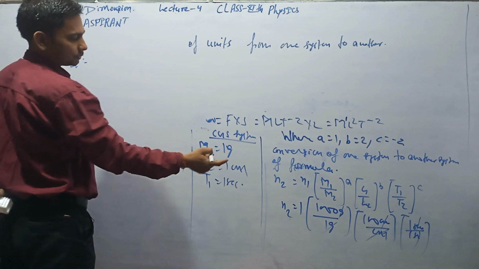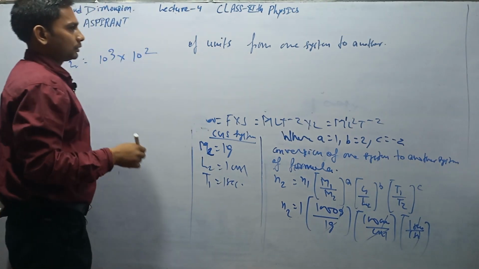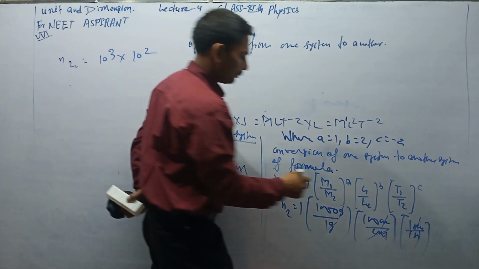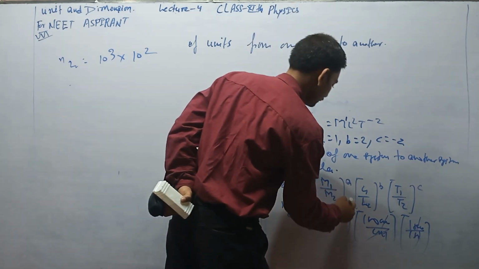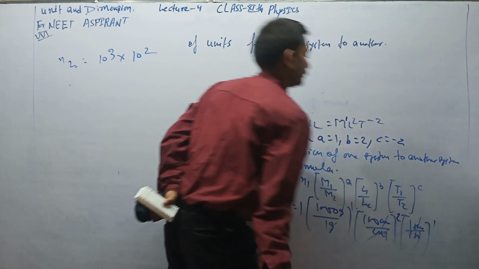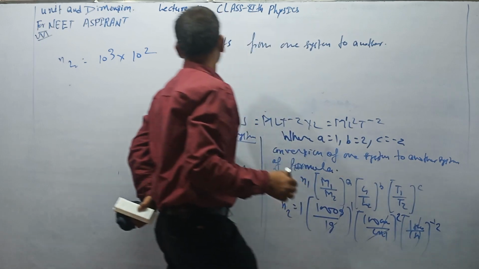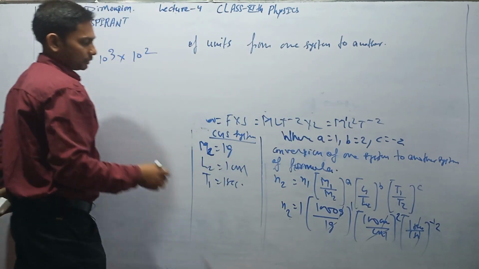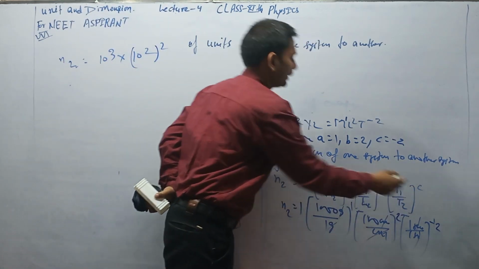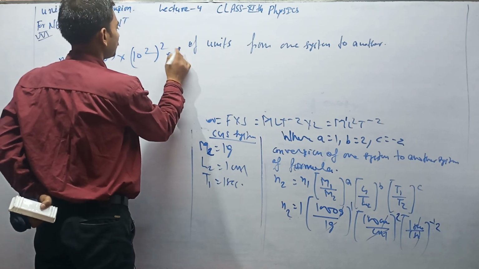Now n2 is equals to 10 to the power 3 into 10 to the power 2, where the power of M is 1, of L is 2, and of T is minus 2. So 10 to the power 3, 10 squared whole square, and 1 to the power minus 2.